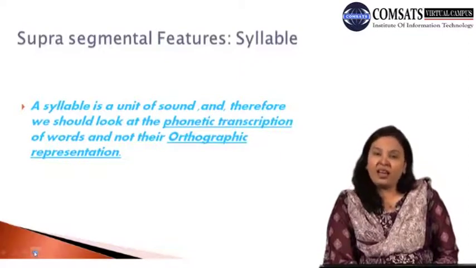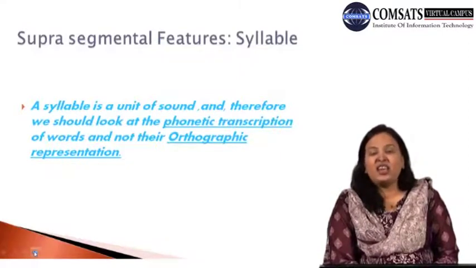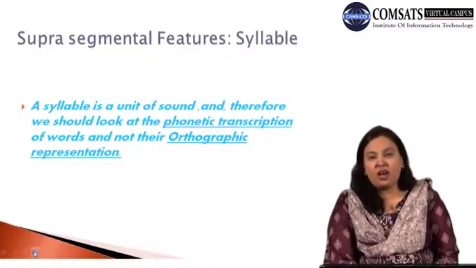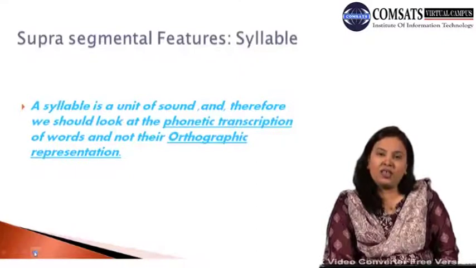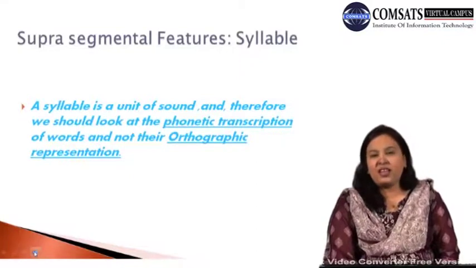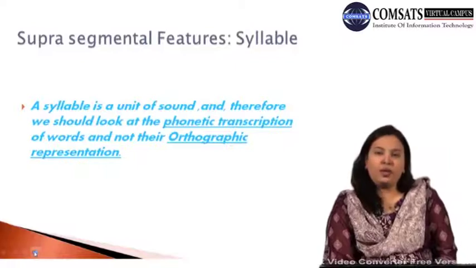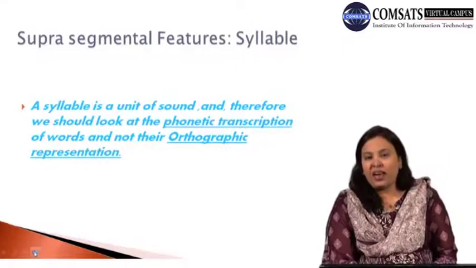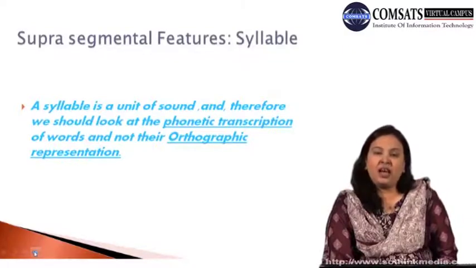But at the phonetic level, it is comprised of 3 phonemes, that is 3 sounds, b, i and t. So this phonetic transcription is different from orthographic transcription. If you take the example of the word sugar, at the orthographic level it has the alphabets S-U-G-A-R.